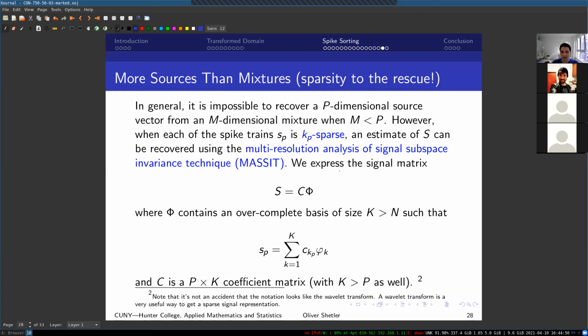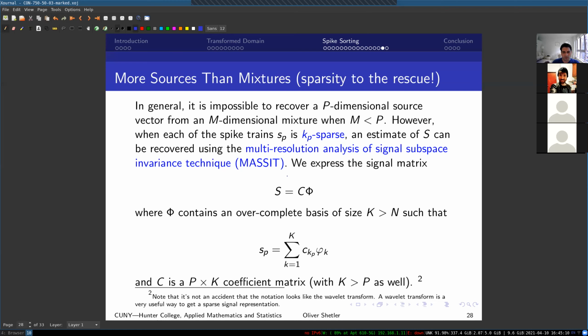Now note that it's not an accident that the notation looks like the wavelet transform. The reason for this is because, of course, the wavelet transform does produce sparse representations, and it's probably one of the best ways to get a sparse representation to use for this method. Although theoretically you could do other things as well.